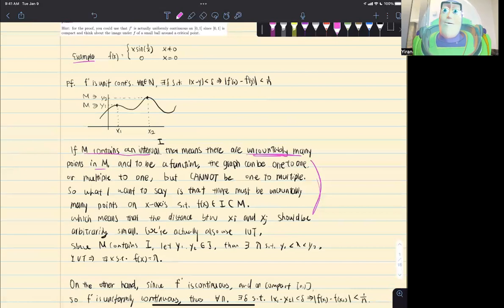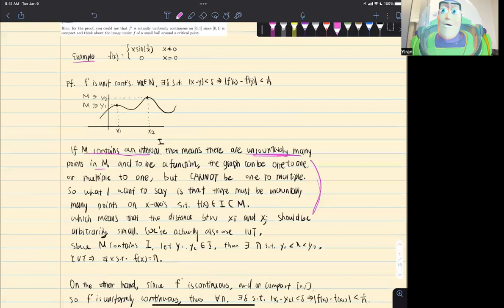Therefore, if you have many points in the set M, you can think about one-to-one. So there are many points on the corresponding x, right? There's an interval in the real line such that each point corresponds to one point in the interval contained in M.